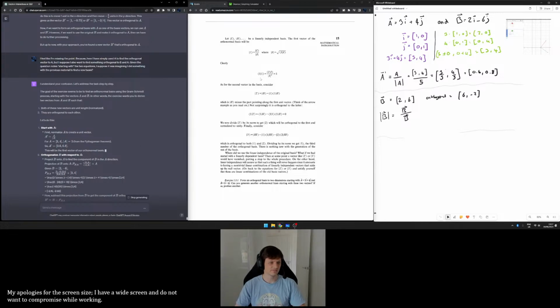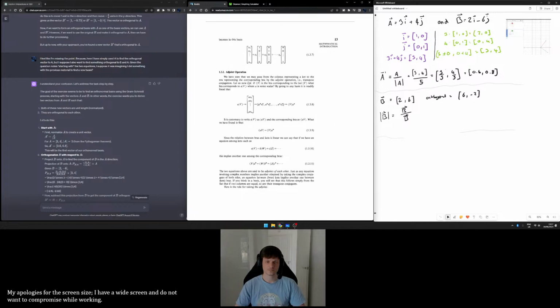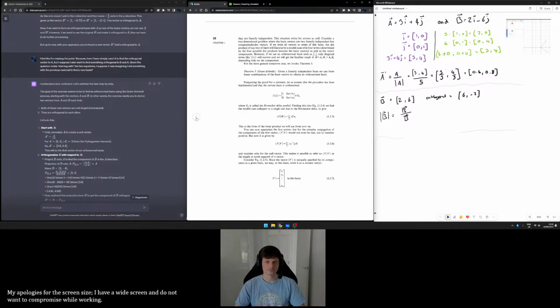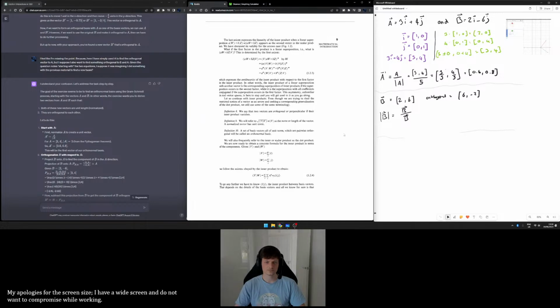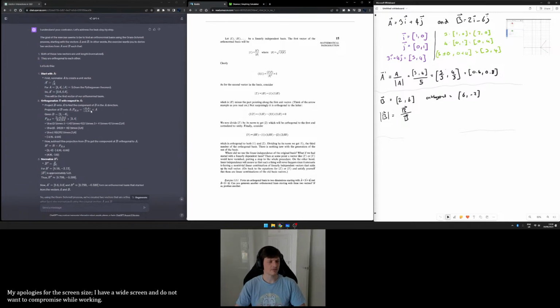So where have we found that before? Is this on the last one? Given B is equal to 2, negative 6, yeah.